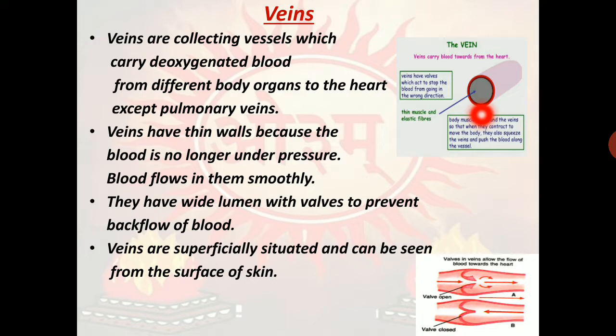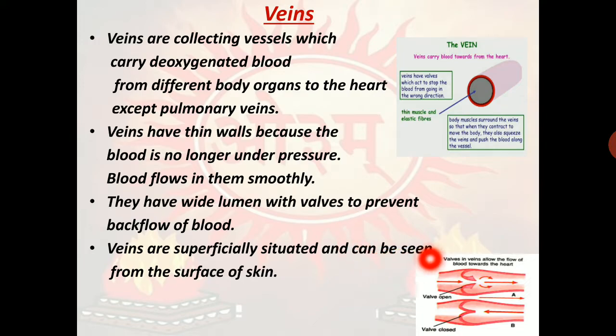So the veins have wide lumen with valves to prevent backflow of the blood. Because of the wide lumen and smooth flow of blood which is no longer under pressure, there are chances of backflow of blood. So to prevent the backflow of blood, veins have valves inside them.